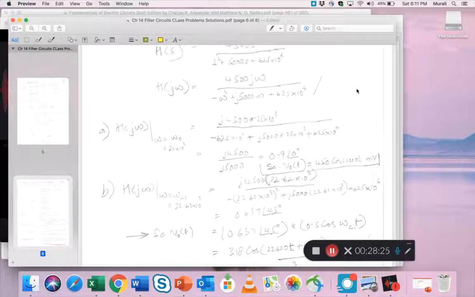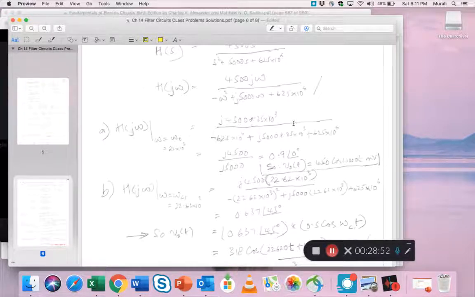So basically what you do is you substitute for omega a specific value, right? In this case, the first thing we have done is we have taken omega 0, which is 25k radians, and plugged that in. When you're looking at the center frequency, you should get an output value pretty close to 1.